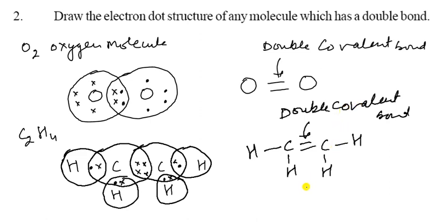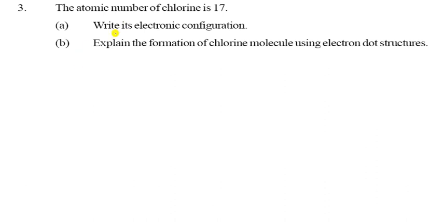So they form one single bond and a double bond, with H atoms attached. So that is the double covalent bond. You have to write here, it is a double covalent bond, but in short, we can say it is a double bond.